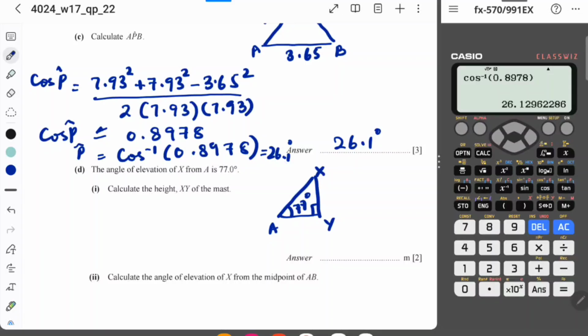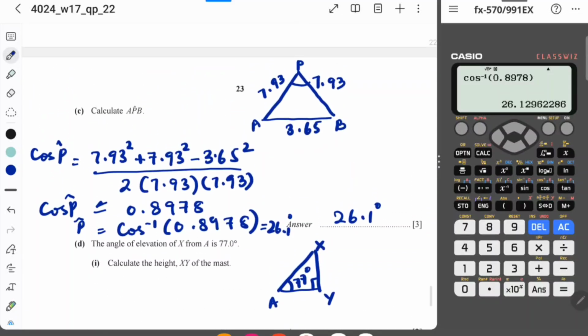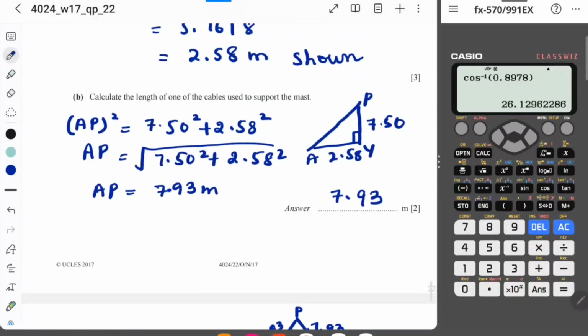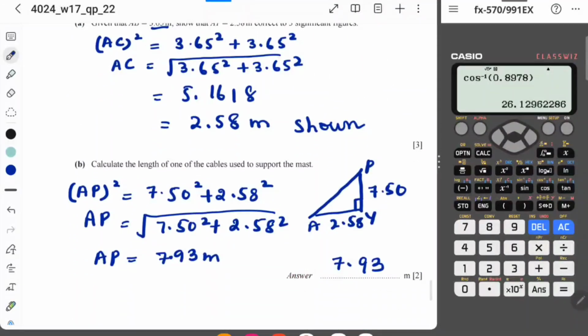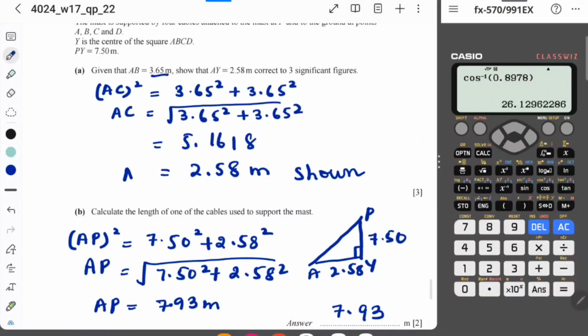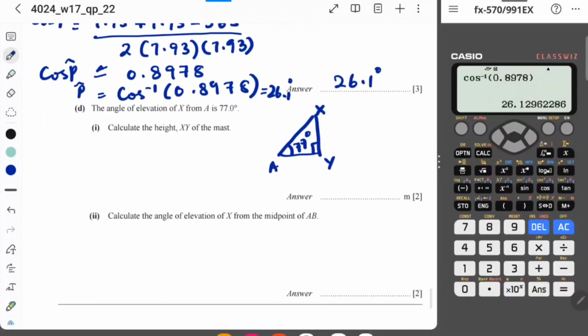We have already calculated AY at the top, which was 2.58; it was AC divided by 2, and then you got the AY, which was 2.58. So this is 2.58, and we have to calculate the value of XY. Use the trigonometric ratio for XY; you can use tan for this one.